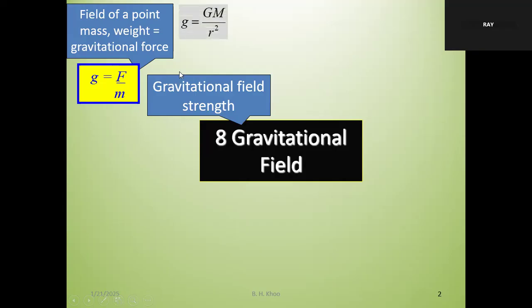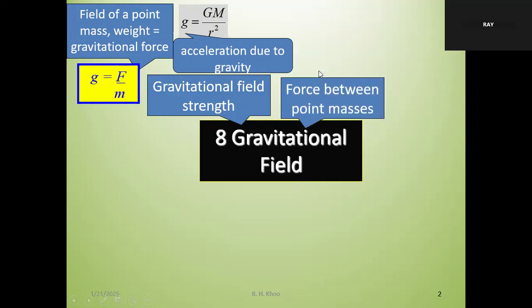Then we will derive the formula for gravitational field strength around a uniform sphere, with 4 pi r squared. r is the radius of the sphere or distance from the center of the sphere. Gravitational field strength or acceleration due to gravity, same thing.